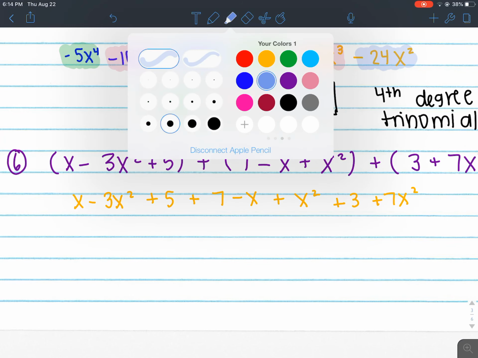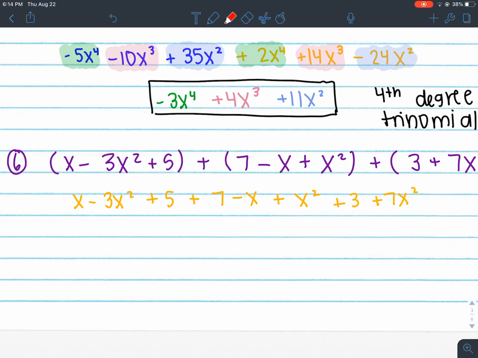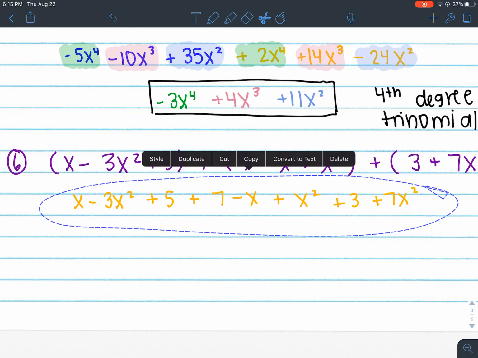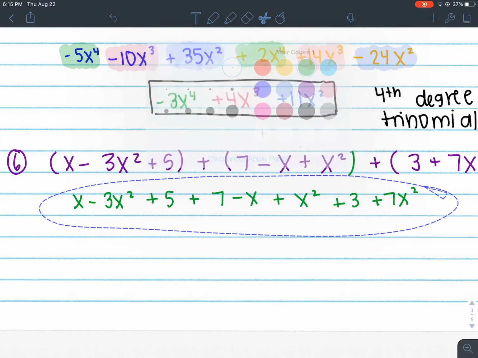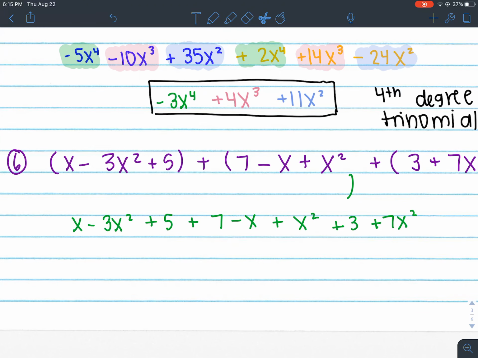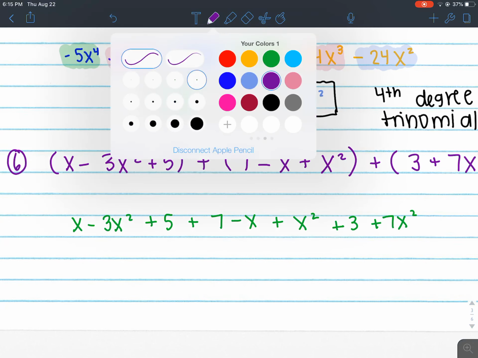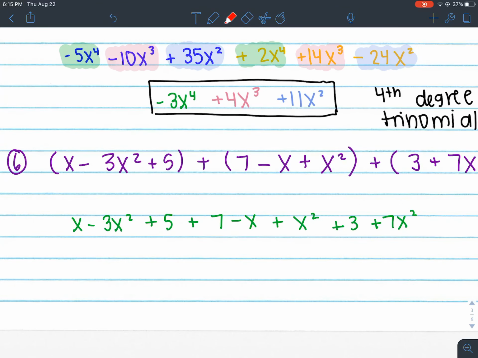And now I'm going to look for some like terms. I'm going to start with the highest exponent, which is a 2 here. I have negative 3x squared. I feel like this orange is really hard to see, so let me change it to green so I can see a little bit better.